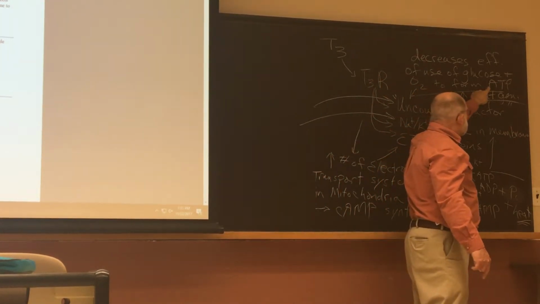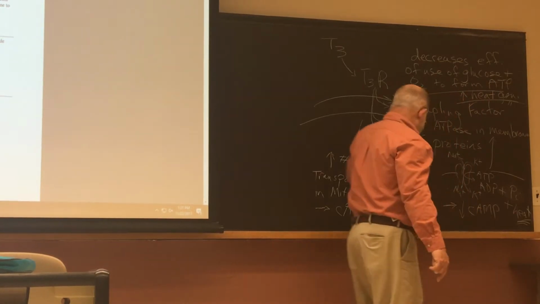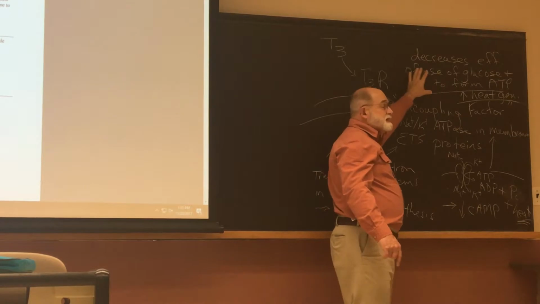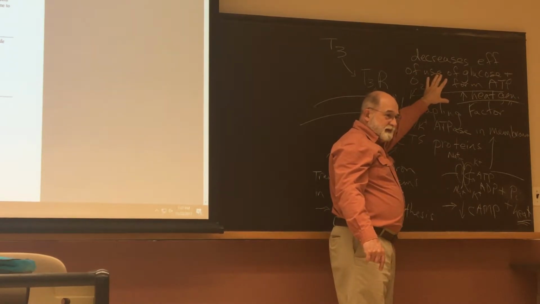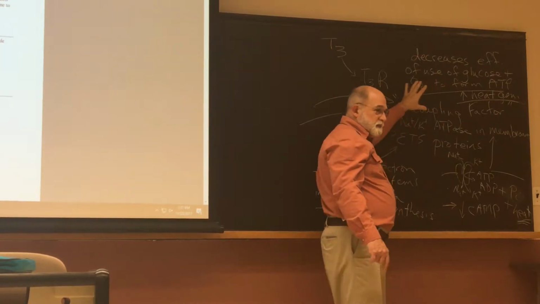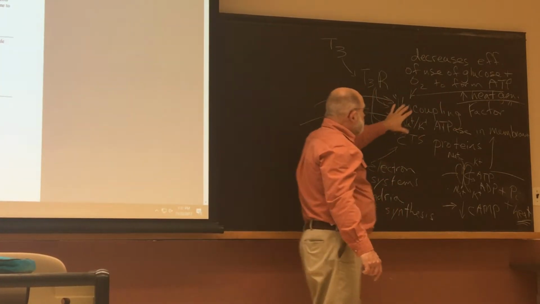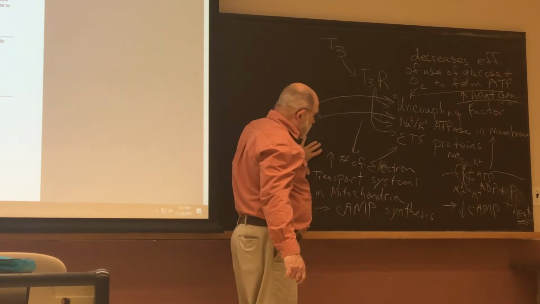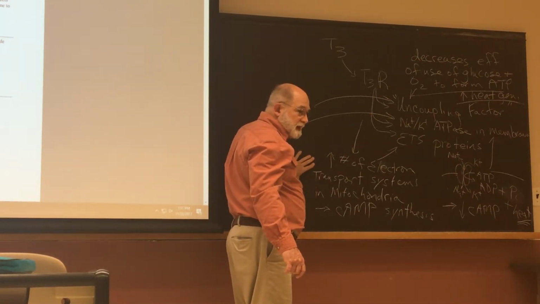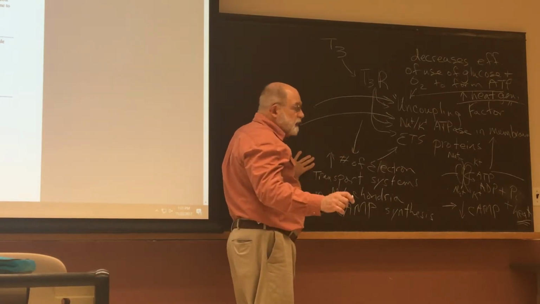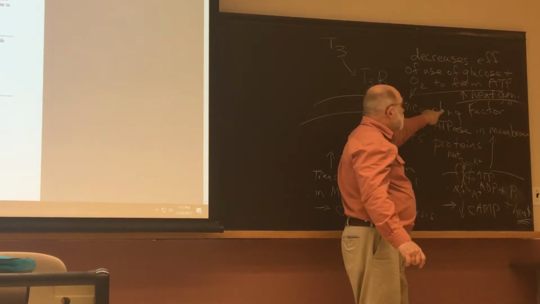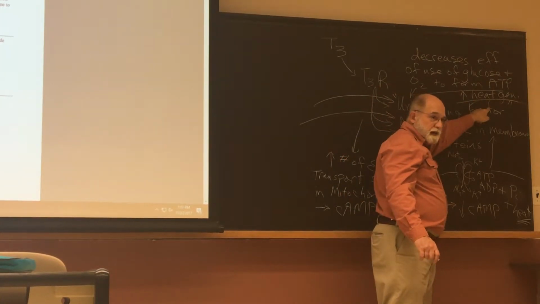But if you're making it less efficiently with the uncoupling protein present, this gives you more electron transport and more overall ATP production, but because it's less efficient, you're increasing the amount of heat generated.